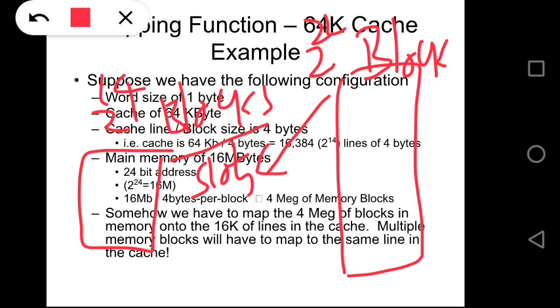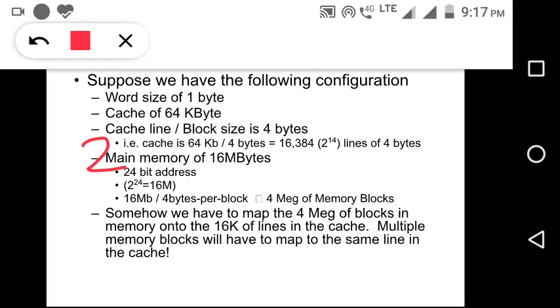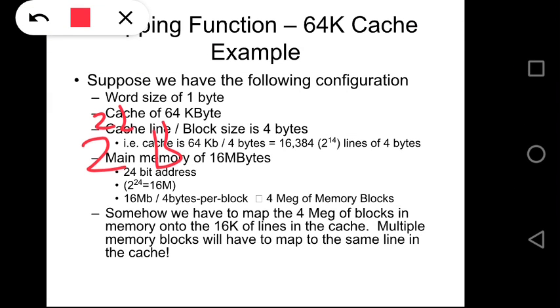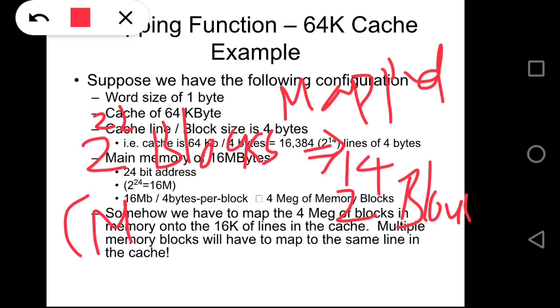So these 2 power 22 blocks have to be converted or mapped, in a nutshell, into 2 power 14 blocks or slots. This is main memory, this is cache.